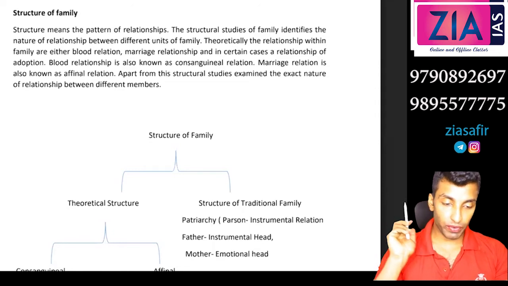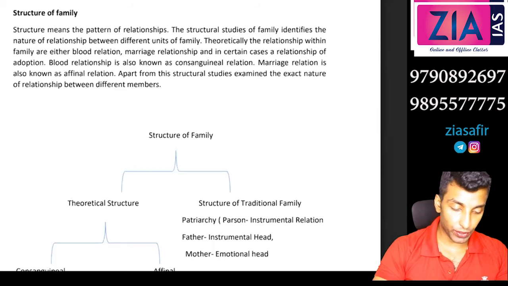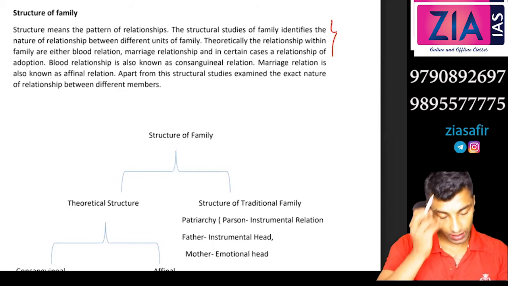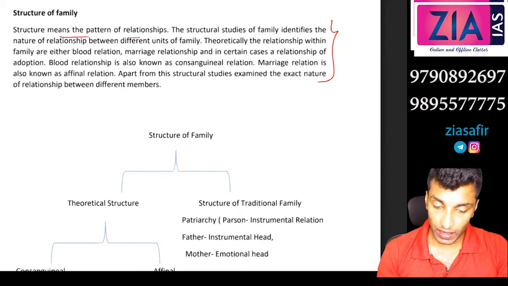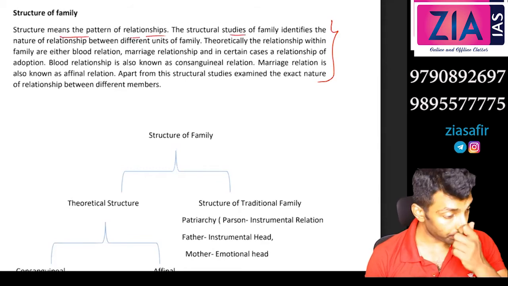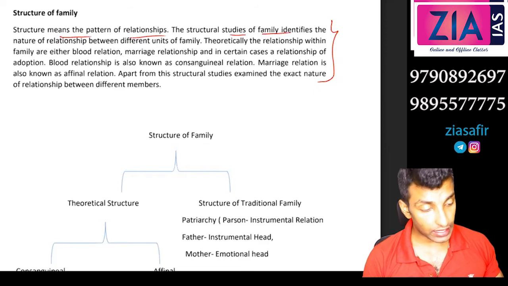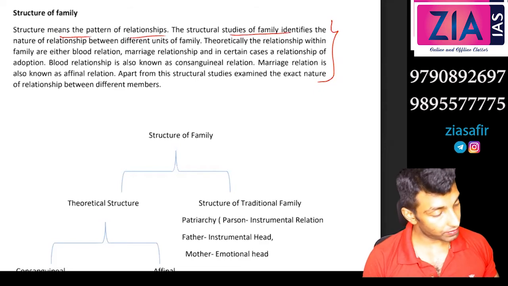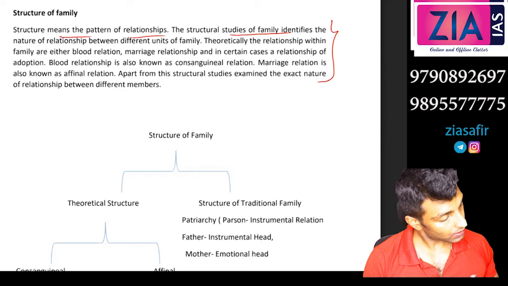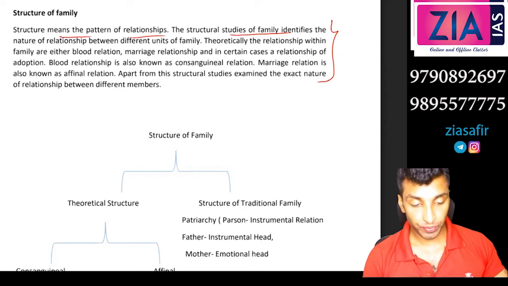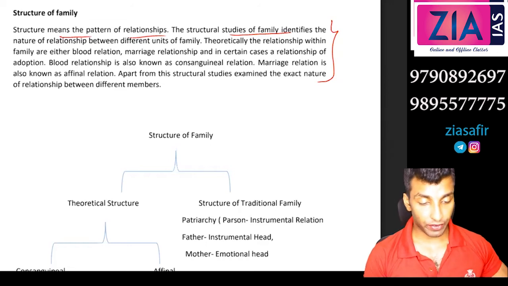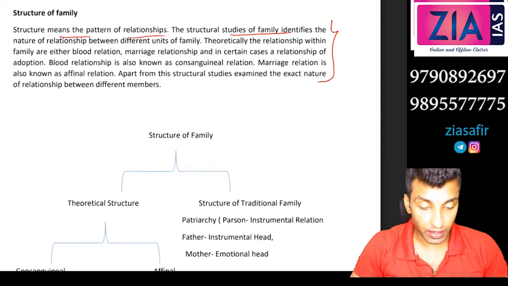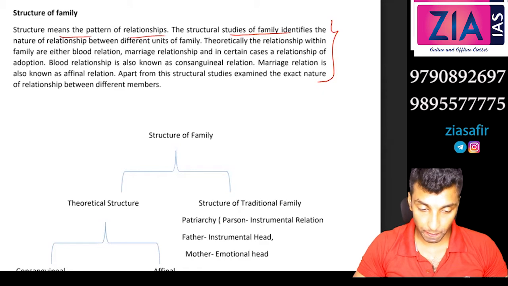So now we will start with structure of family. I have given you the introduction here. Structure means the pattern of relationships. The structural studies of family identify the nature of relationship between different units of family.